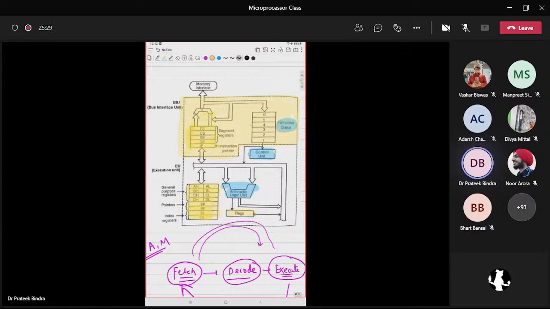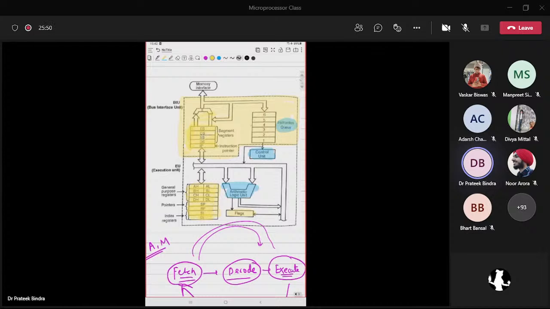You can have some program written in some other segment also, or you may sometimes need the addresses of those particular segments. That's why the segment registers are put in the BIU, right?